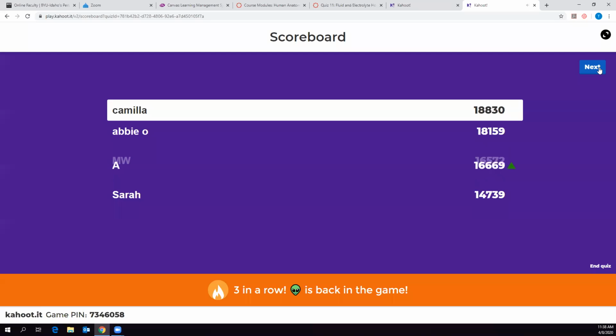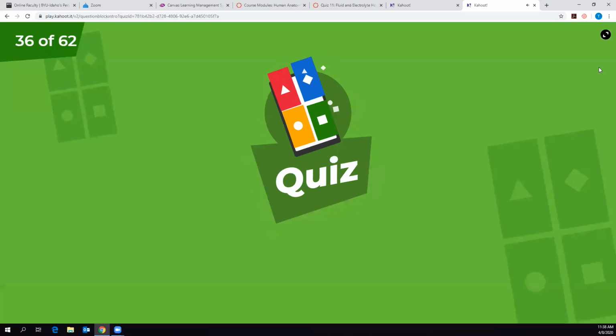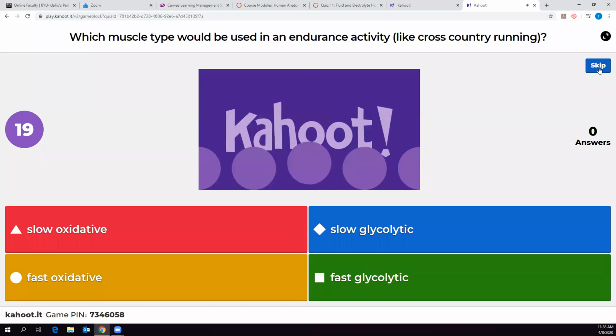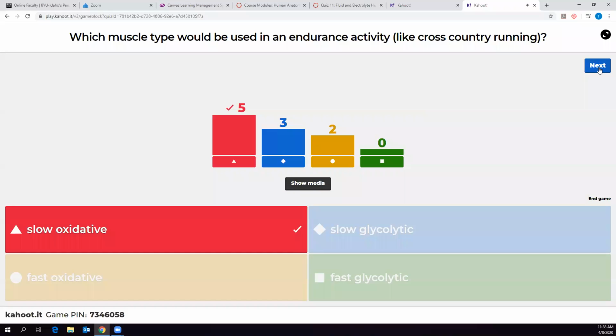Astrocytes. All right, which muscle type would be used in an endurance activity like cross-country running or the Tour de France? Marathoners are relying on which muscle fibers to get them to the finish line? Yep, slow oxidative. Good job.